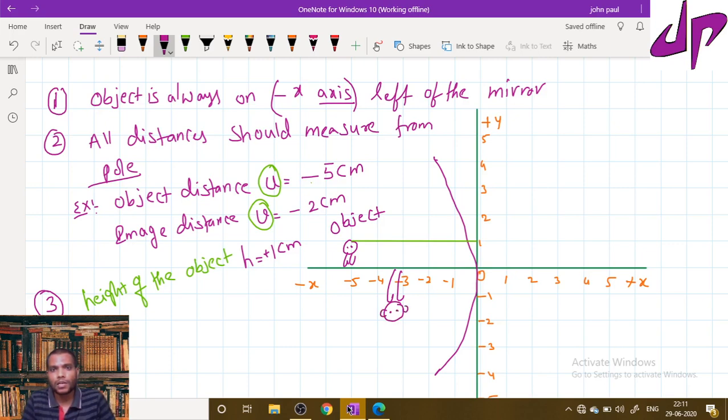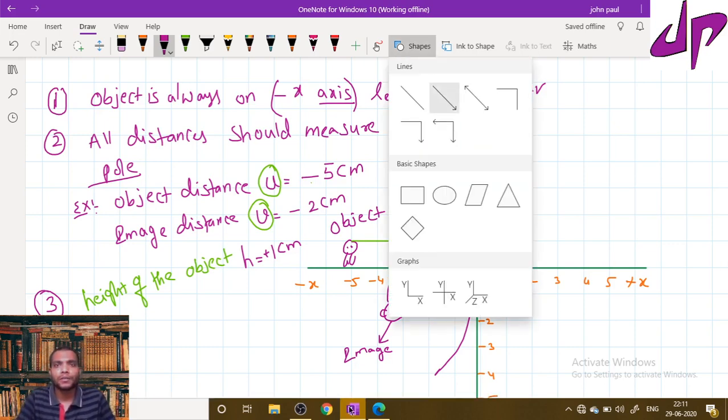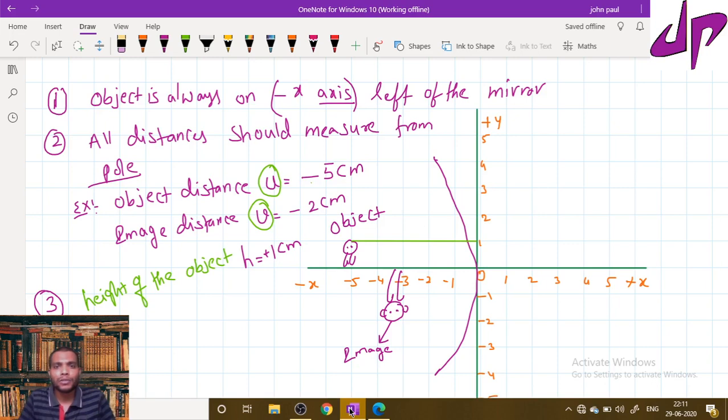So this is the image. We measured the height of the object easily. Now I would like to measure the height of the image. The height goes from there to here.